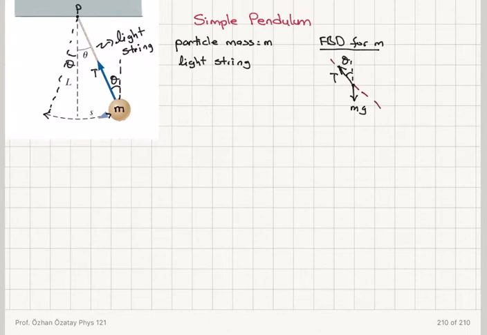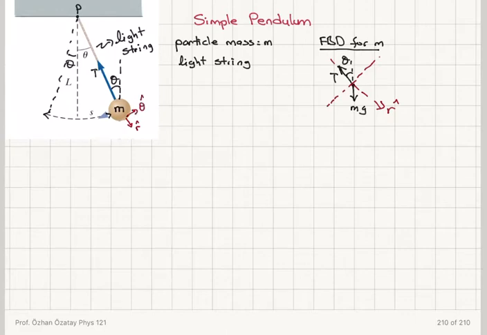This is part of a circular motion, so I have two axes of interest. There is the radial axis, that's this axis here. And there is the tangential axis, which is perpendicular to it. That is this axis.